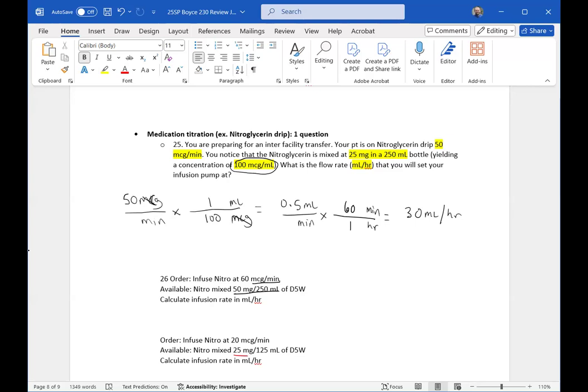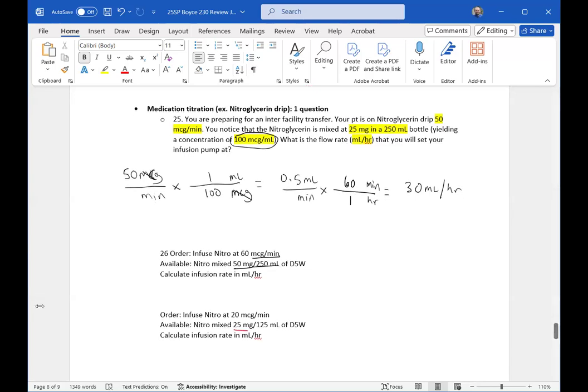You cannot just work within the same problem and expect that you're canceling out milligrams and micrograms. You need to make sure that they are the same unit before you try and do math with those. So for practice, why don't I just work through that? That way you can see what I mean.